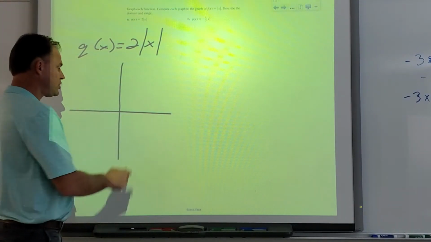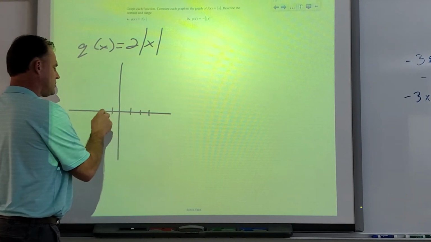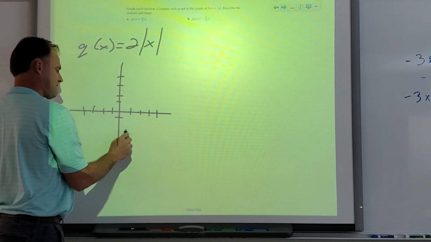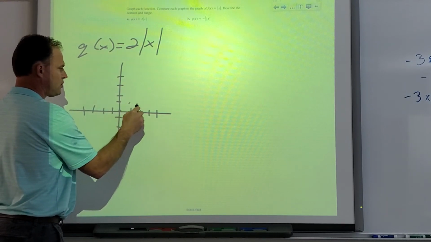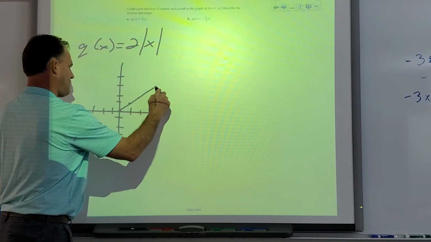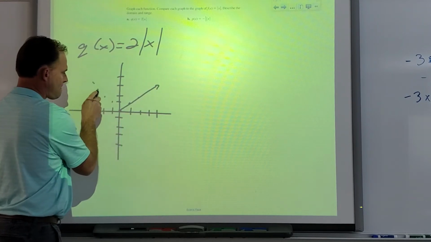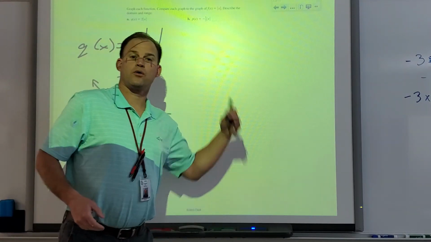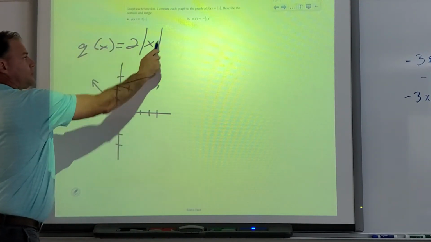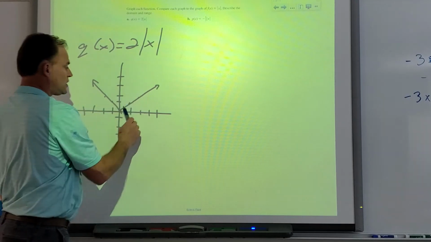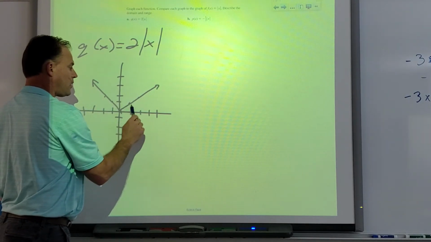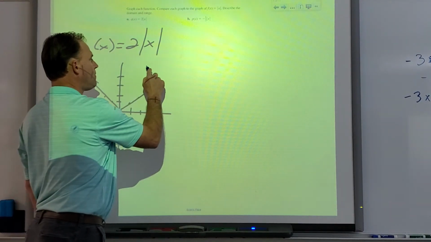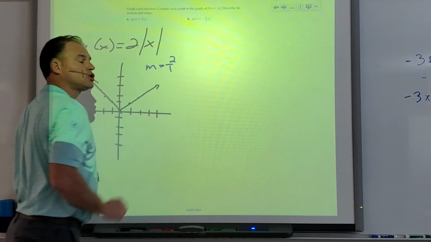So, again, I'm putting the original down so you can kind of see a comparison. The original looks like this. So if I want to graph my new function, if I want to graph q, this has a slope of 1, up 1, right 1, up 1, right 1. So now my slope is 2 over 1.